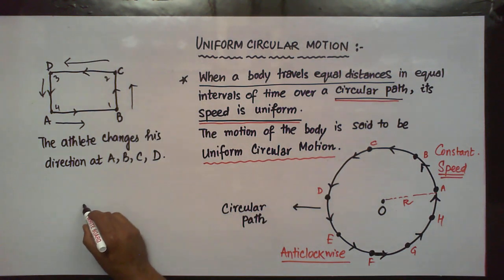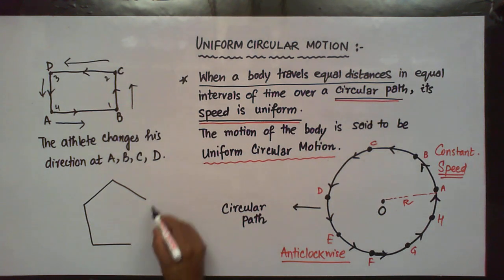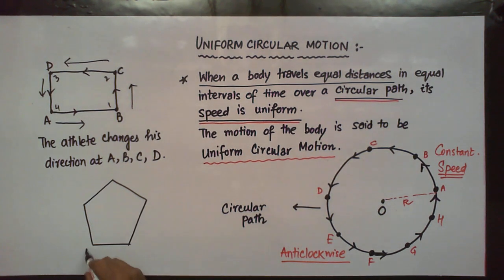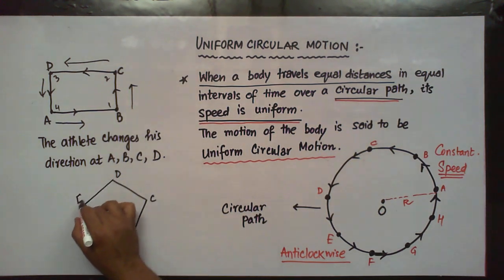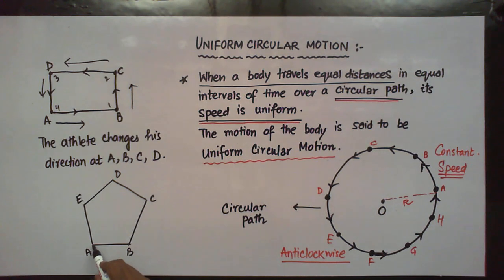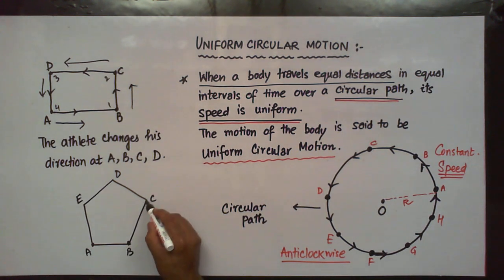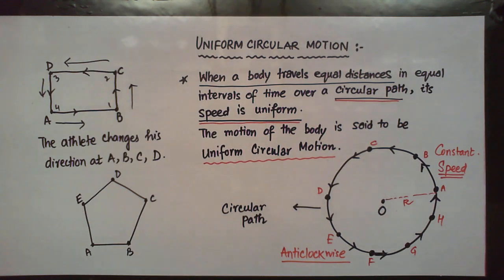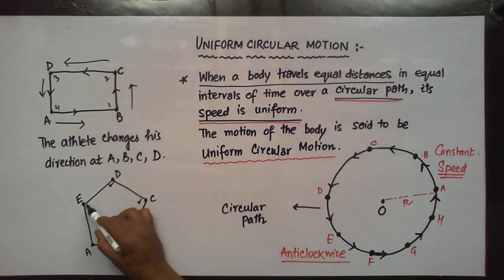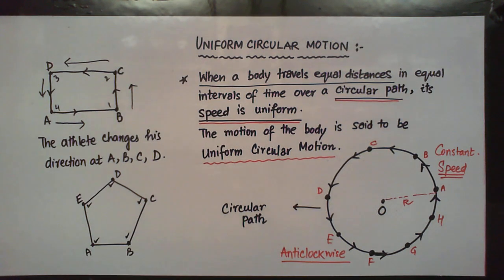Now if we have a pentagon, something like this, and the athlete is running from A to B, B to C, C to D, D to E, he has to change the direction every time he reaches these vertices. So here, then here, then here, then here, and then here.